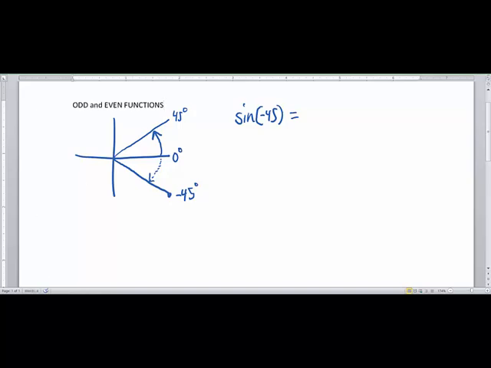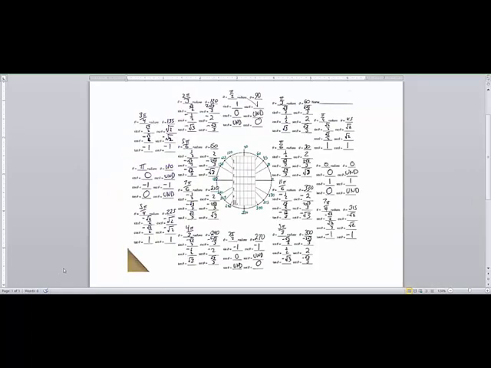And to answer that, let's check out this filled out unit circle. If you're new to my videos, you're probably not familiar with this full unit circle, although students in my class will have filled this out already, maybe even multiple times. If we look at negative 45 degrees, which is here at 315 degrees, and we look at the sine value, you'll notice it's negative square root of 2 over 2.